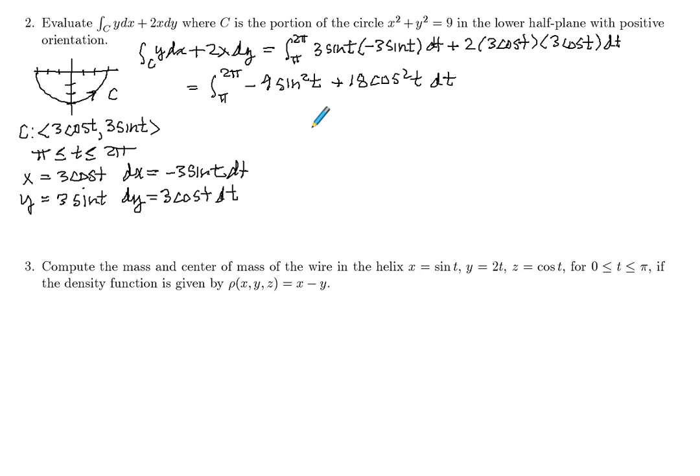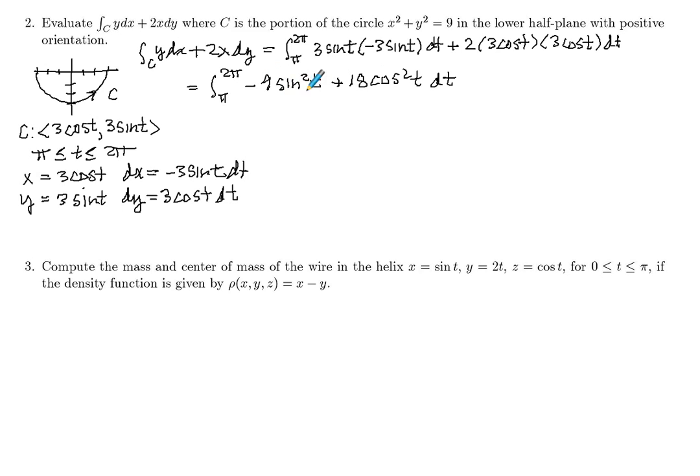So now we're ready to integrate. We could simplify things a little bit here if we wanted to. We could pull out a common factor of 9. We're going to have to integrate each one of these, so we're going to have to use the half-angle formulas.